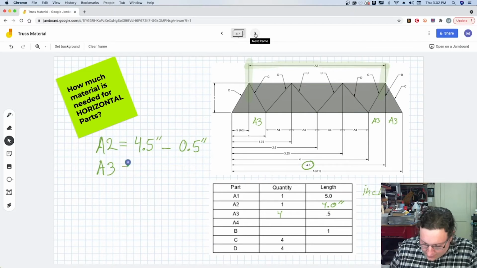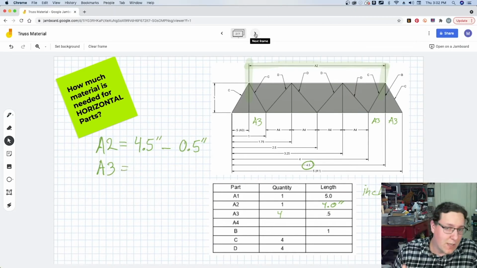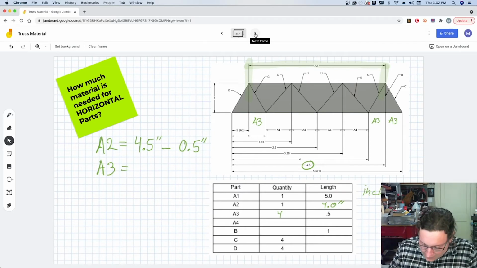Now, to verify it, again, they give us the information. We could use a calculator to verify it, but I'm just going to leave it on the paper as that 0.5 inches before we move into A4.